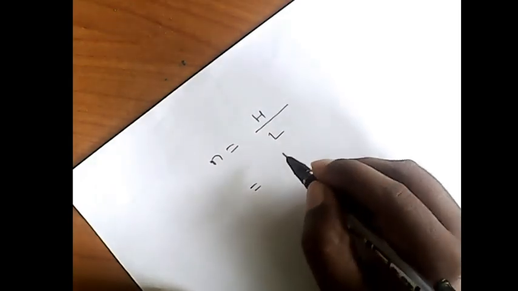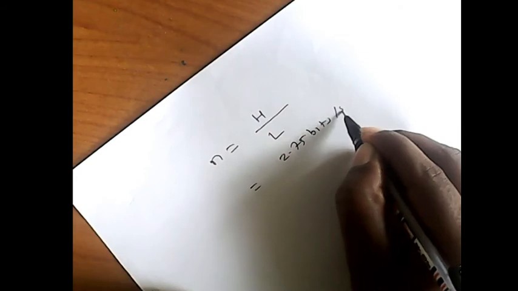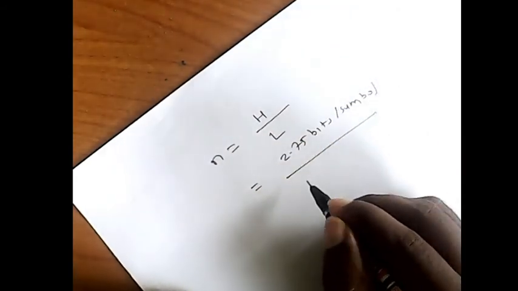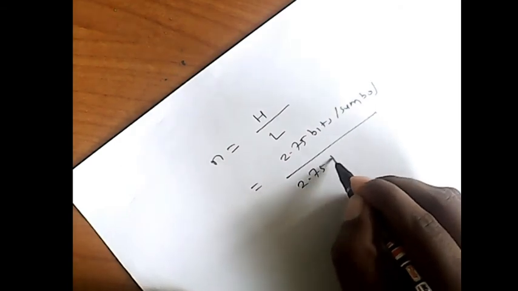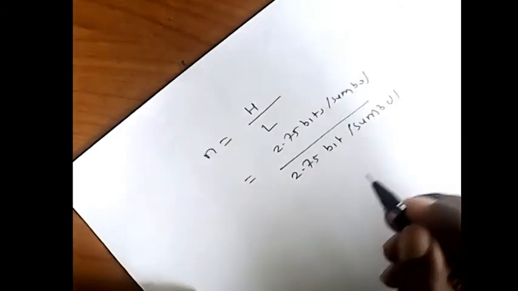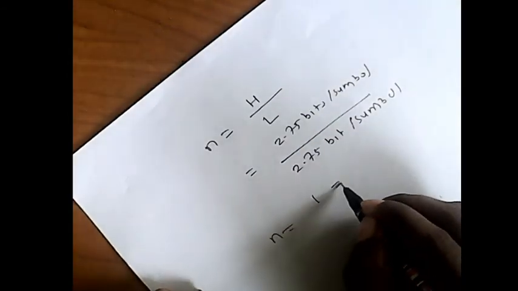The average information is 2.75 bits per symbol. Similarly the average code word length is 2.75 bits per symbol, and the efficiency is equal to 1, or in percentage format it is 100%.